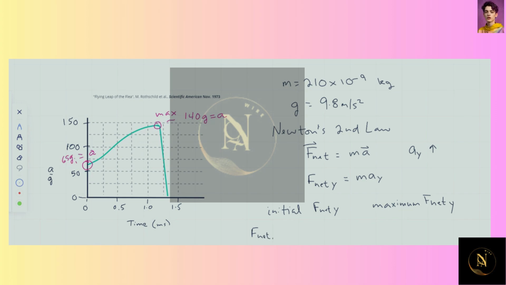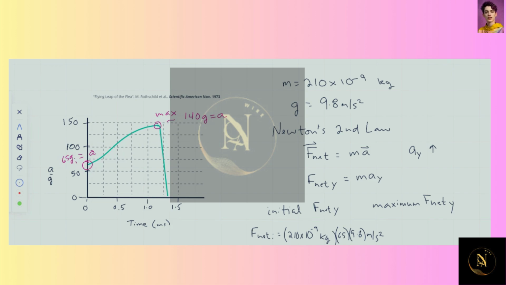So we'll take the mass of our bug, 210 times 10 to the minus 9 kilograms, and we will multiply by the acceleration for the initial value, 65 times 9.8 meters per second squared. And that should give us the force in newtons.